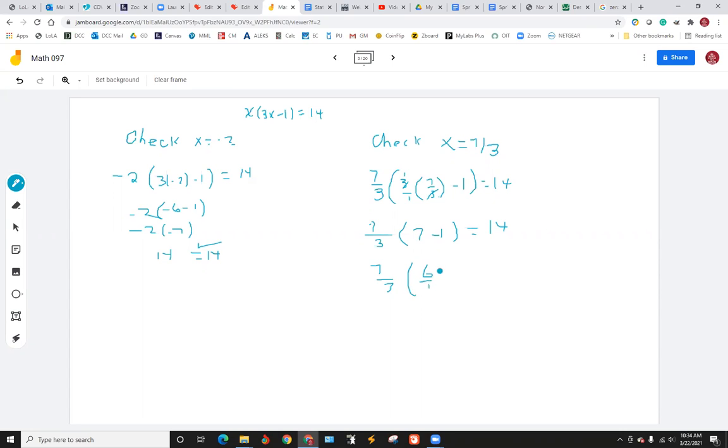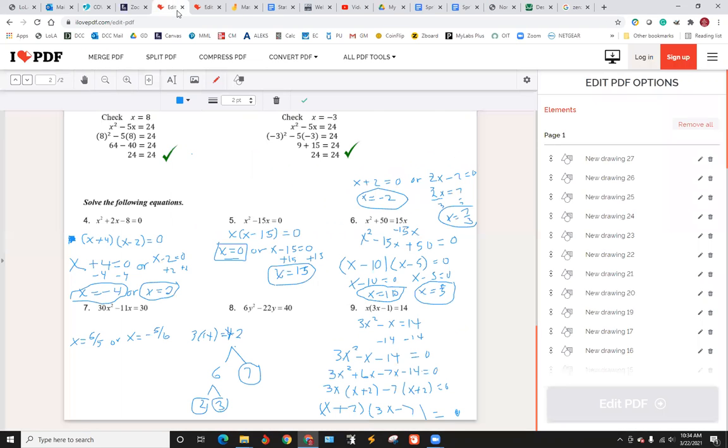And that's 6 over 1. 3 goes into there twice. 2 times 7, 14. All right, so that one works too. So those were your 2 solutions, okay? So any questions about any of this?